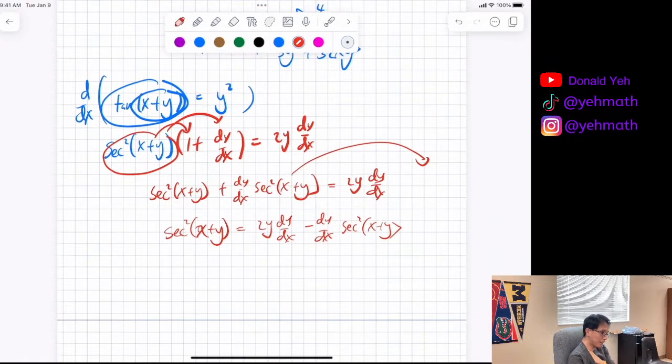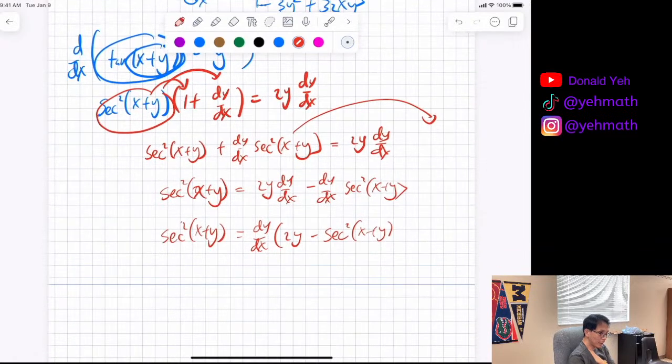Usually I do it in one step, but I'm going to take out dy dx here: dy dx times 2y minus secant squared of x plus y, and that's equal to secant squared of x plus y. And then you can solve for dy dx. So that's going to be secant squared of x plus y over 2y minus secant squared of x plus y.